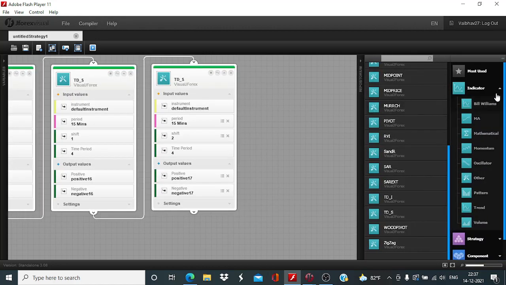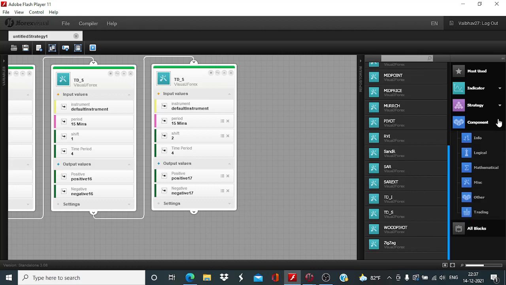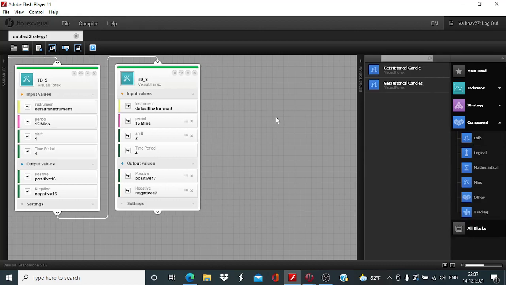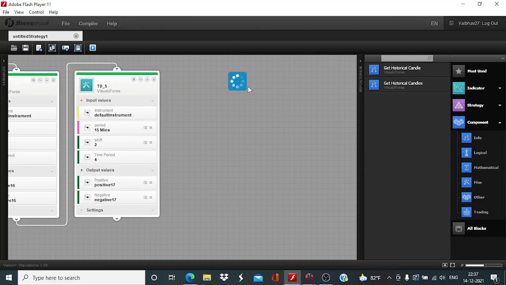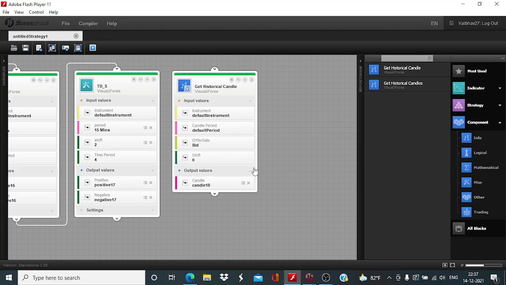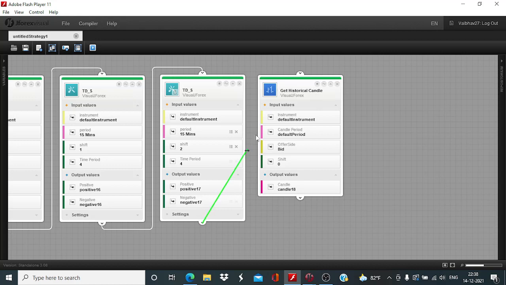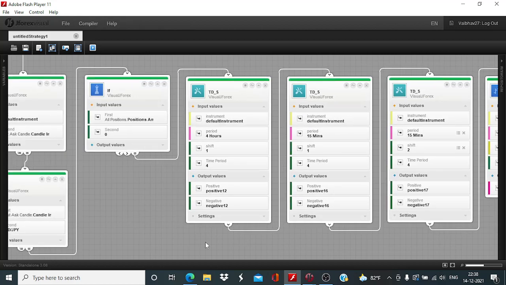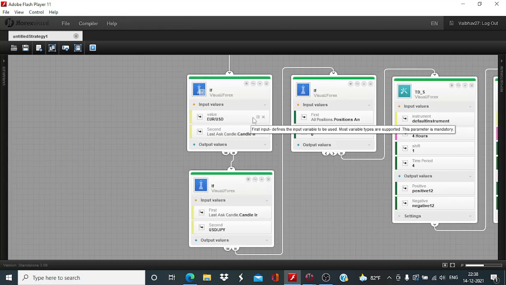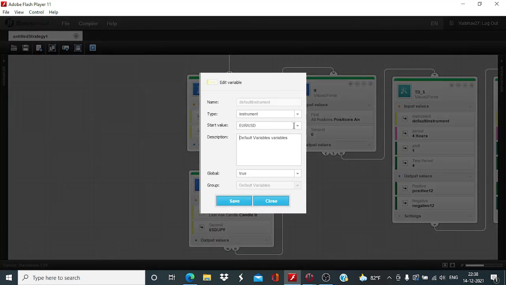And to retrieve the price action data, we are going to need the info components. Get historical candle. Here I think we need to change the default instrument, which I seem to have forgotten.